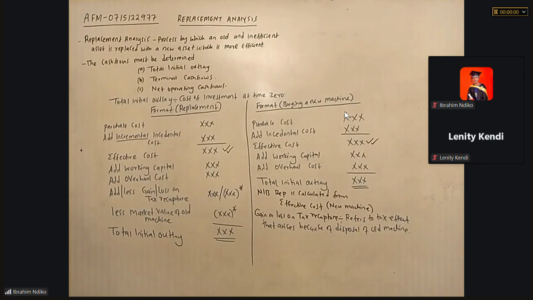So the tax effect that arises because of selling an old machine is what we mean by gain or loss on tax recapture. Now you need to know how to compute it. So how do you compute the gain or loss?